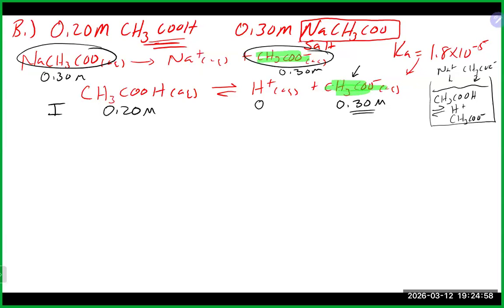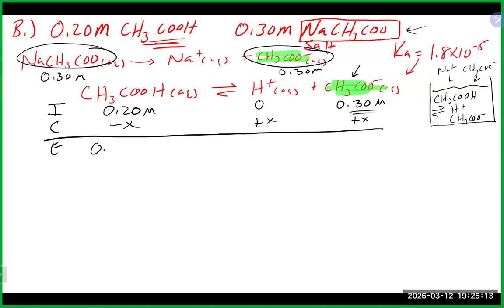So with the presence of the common ion, that sodium acetate is going to supply that 0.3, and that is where that's coming from. The rest of the table does look fairly similar. We're going to go minus x, plus x, plus x, and at equilibrium, 0.2 minus x, x, 0.3 plus x. Any questions first off on that table there?